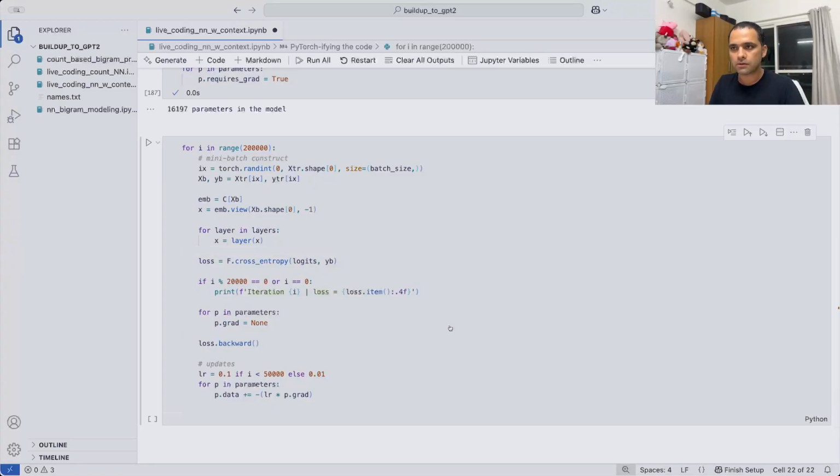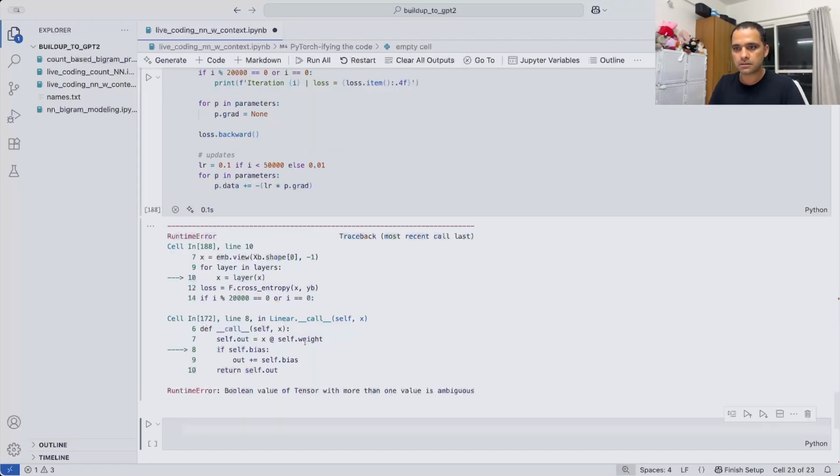So at the end of all of this, we would have the x with the logits. Therefore, we pass x here, and the remaining things should be the same. All right, let's try to run this.